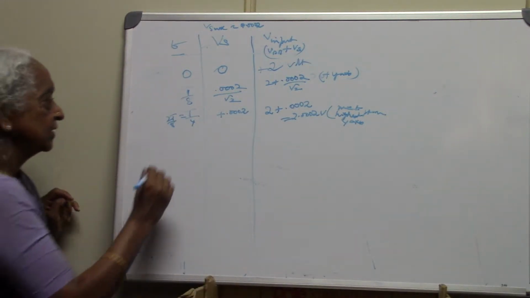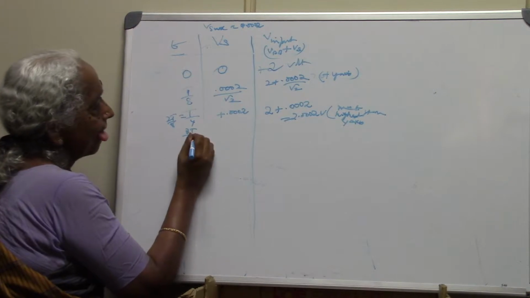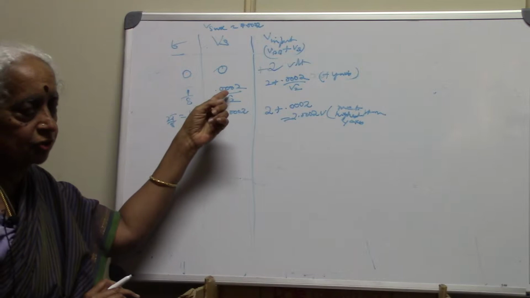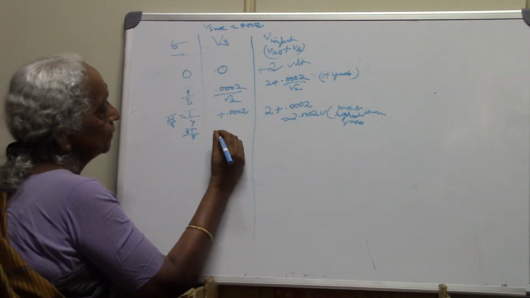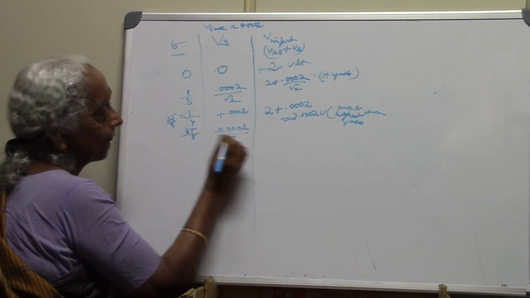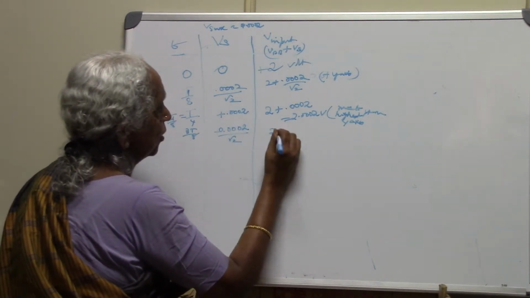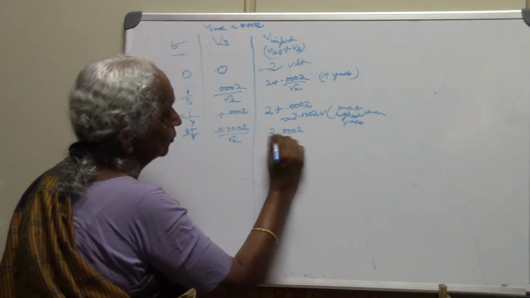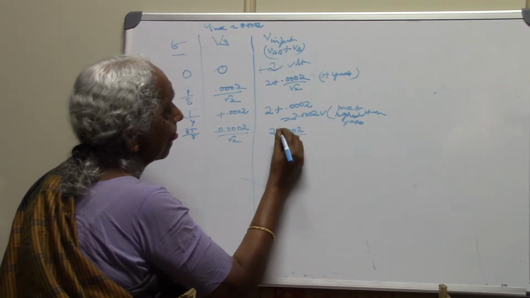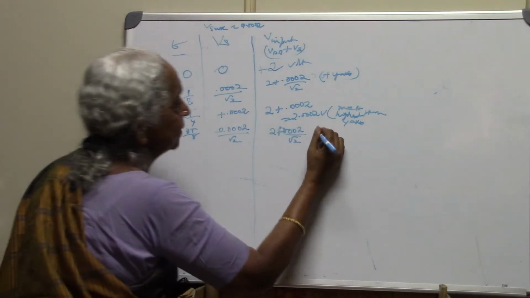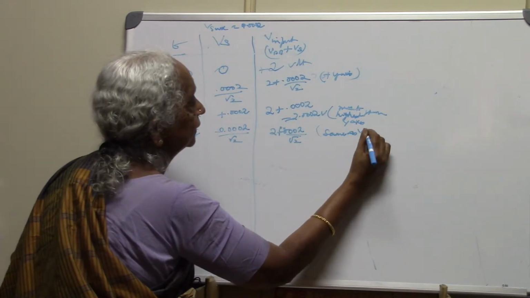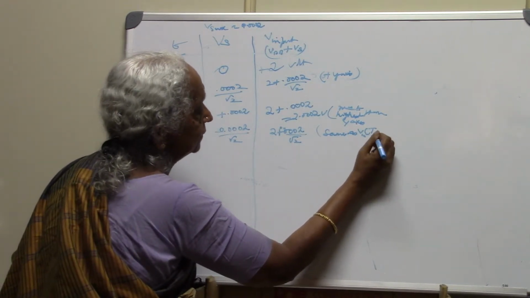Next we have 3T by 8, this will come down from 0.0002 to 0.0002 by root 2. So it will be plus 0.0002 by root 2, and this will be again 2.0002 by root 2, which is the same as V input at T by 8.